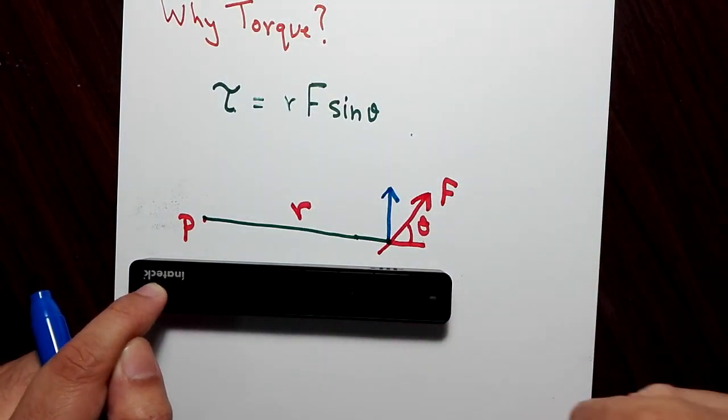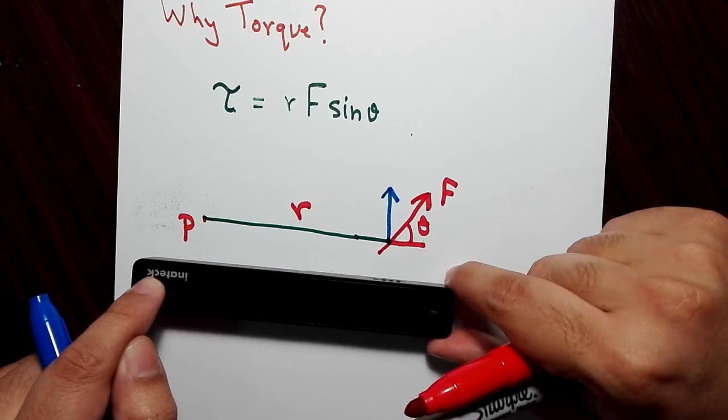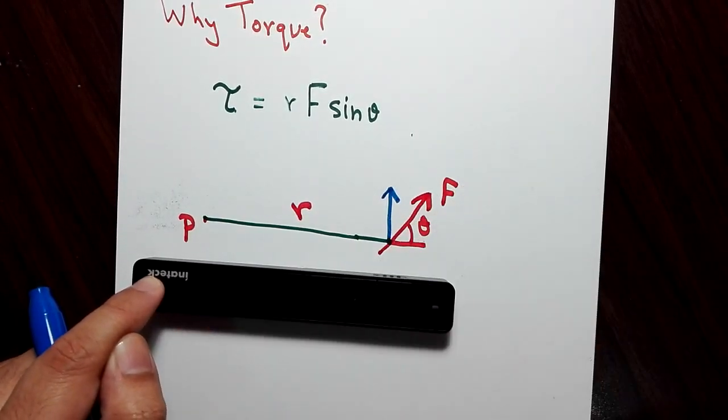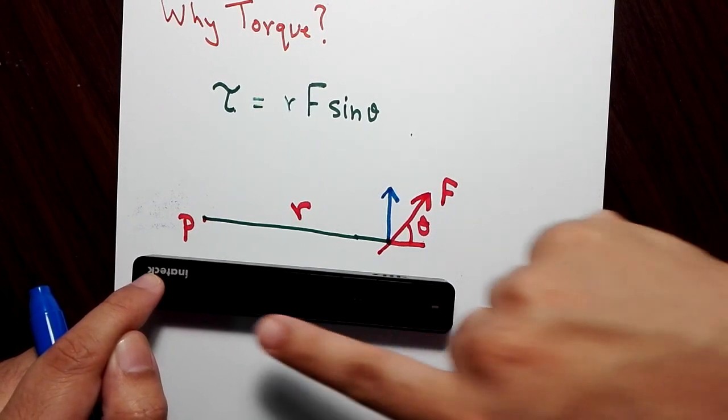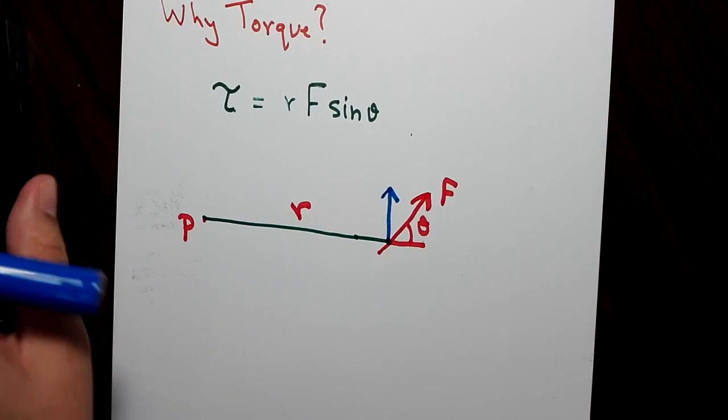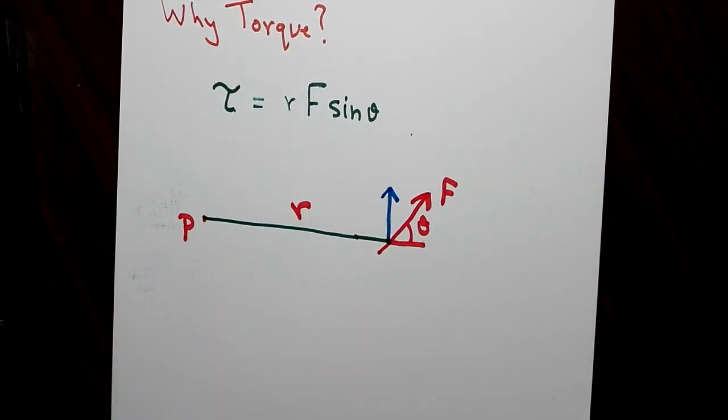You can say the angle is 0 or 180 degrees, or you can say r is 0, because you can extend the line of action through the pivot point. So any force or its component that goes through the pivot point produces zero torque.